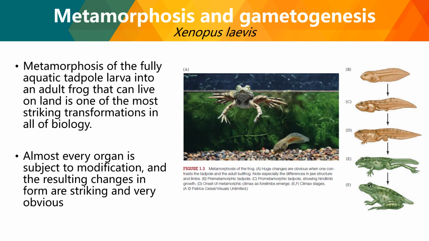So next is the metamorphosis and gametogenesis. So, metamorphosis of the fully aquatic tadpole larva into an adult frog that can live on land is one of the most striking transformations in all of biology. So, almost every organ is subject to modification, and the result changes in form are striking and very obvious.